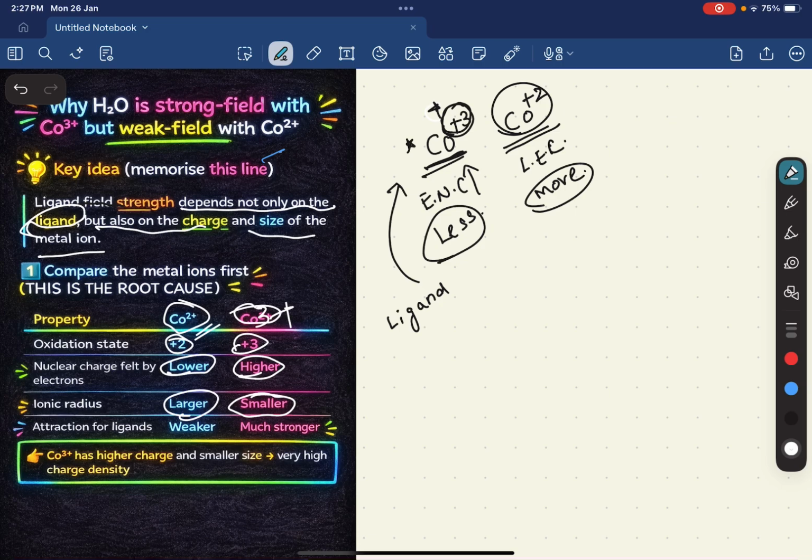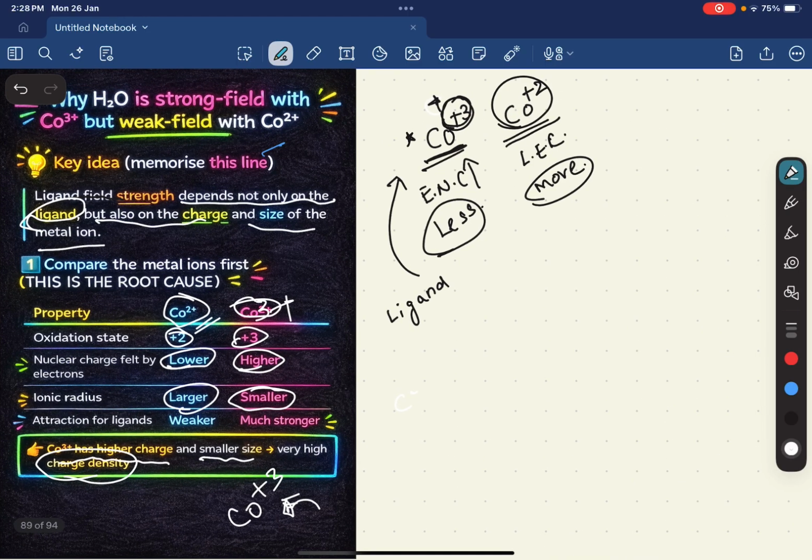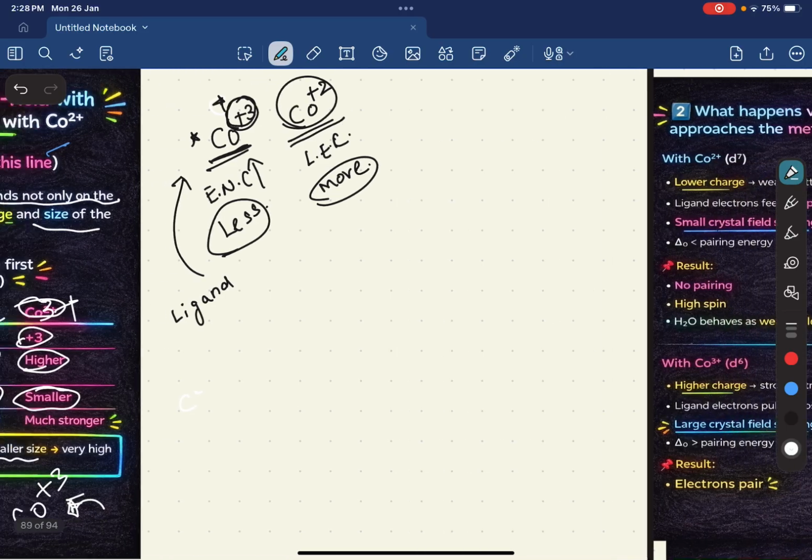If the metal charge increases, the attraction with the ligand will be more, because the ligand is a donor and the metal acts as a Lewis acid. So Co3+ has higher charge, smaller size, so very high charge density. These are the reasons why H2O behaves as a strong field with Co3+ and a weak field with Co2+.